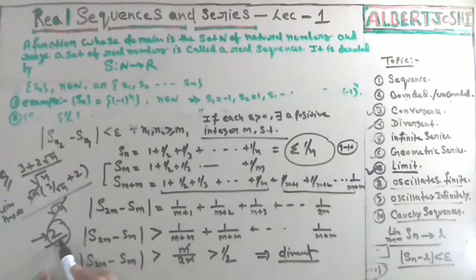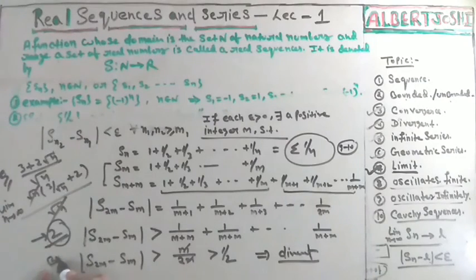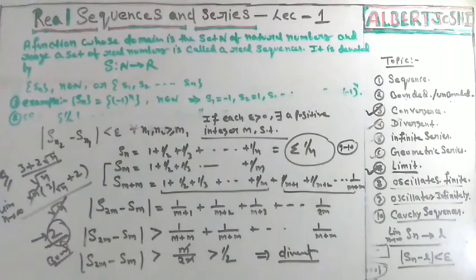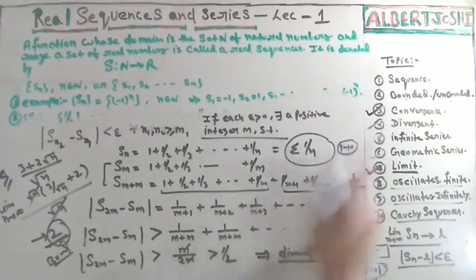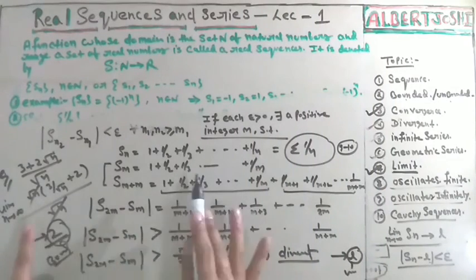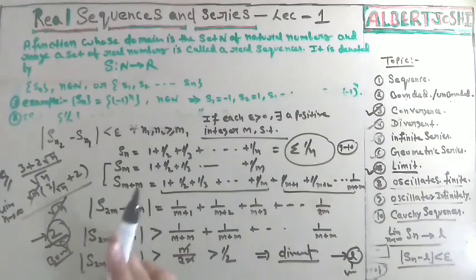Whenever you have a sequence that is convergent, it means that it will definitely be bounded, and we have already discussed boundedness. Second, every convergent sequence converges to a limit point, and this limit is unique. So a sequence cannot converge to more than one limit point.